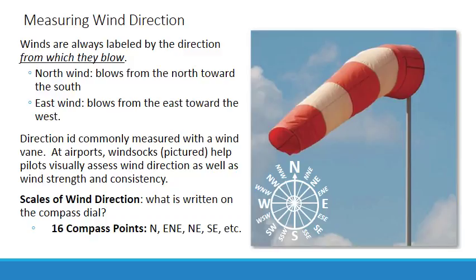But the dial indicates the direction of the wind either using points of the compass, so north, northeast, east, southeast, and so on, or by a scale of 0 to 360 degrees. In the latter scale, 0 or 360 is due north, 90 degrees is east, 180 is south, and 270 would be west.